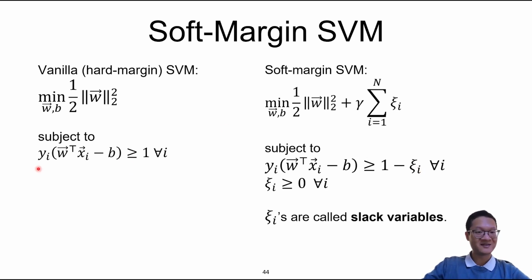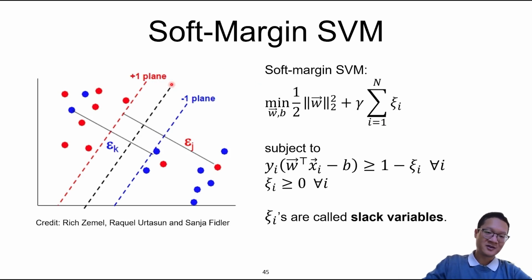So originally we said the left-hand side must be greater than or equal to 1. Here we're saying, okay, you're allowed to be a little less than 1 by the amount of xi, where xi is non-negative, of course. However, if you violate the original constraint slightly, you're going to pay for it up here in the objective. So that's the intuition behind soft margin SVM.